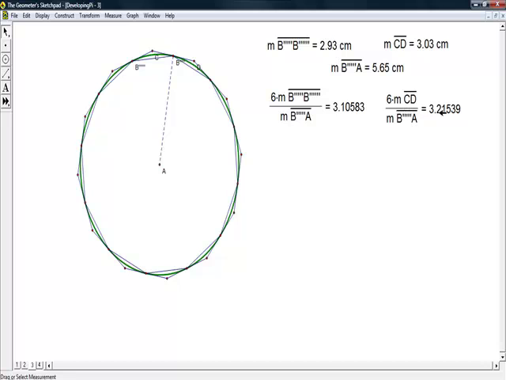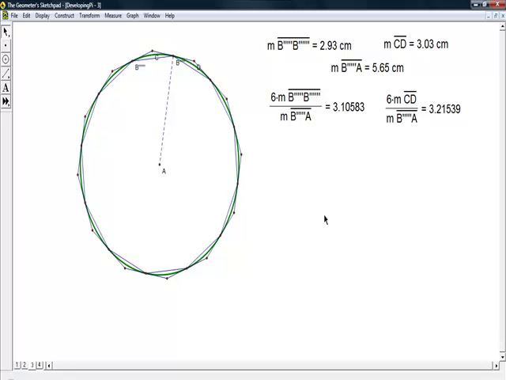Same thing for the outside one: half the perimeter of the outside one divided by AB is 3.215. So pi is somewhere in between 3.105 and 3.215. And then you keep going and going.